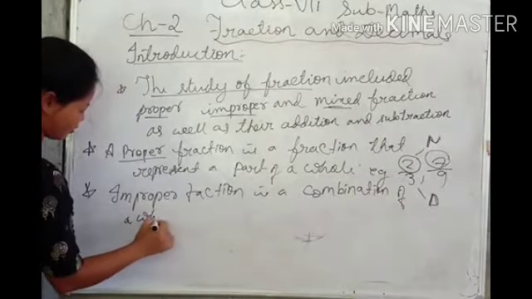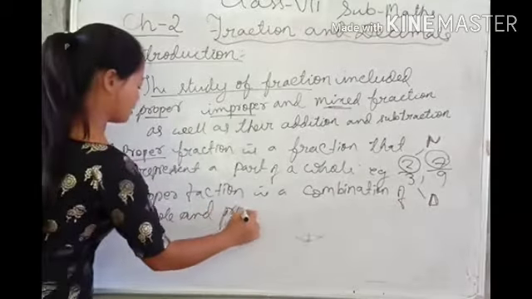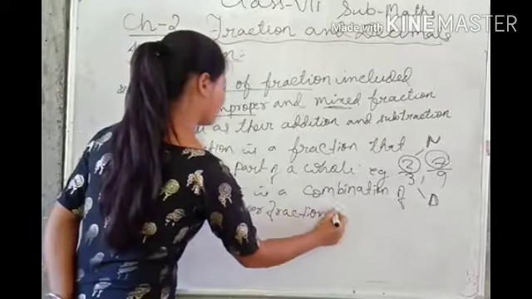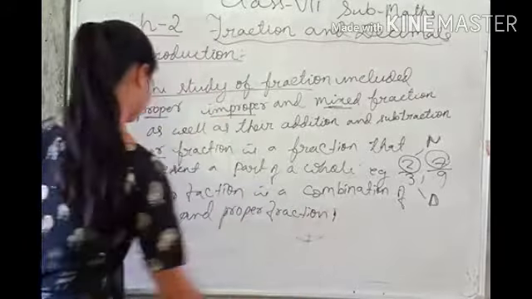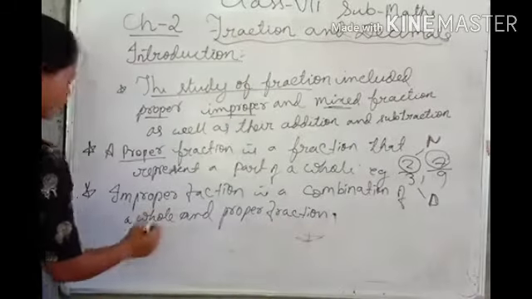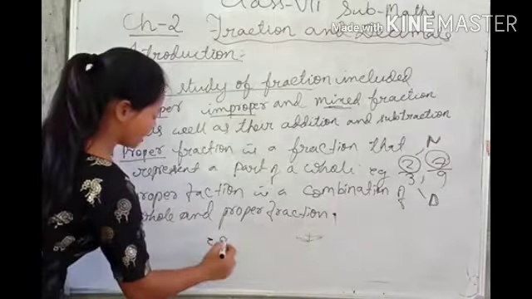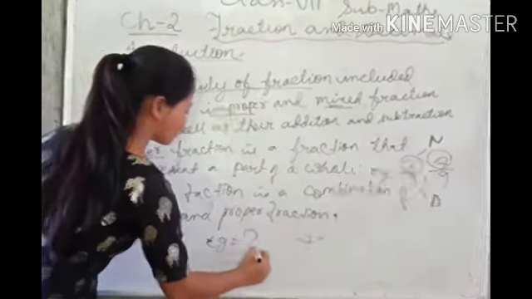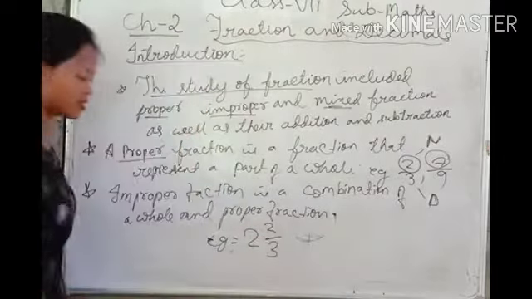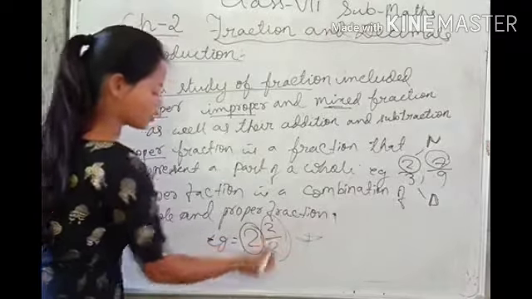Improper fraction is a combination of a whole and a proper fraction. For example, 2 and 2 upon 3. This is a combination of one whole and one proper fraction.